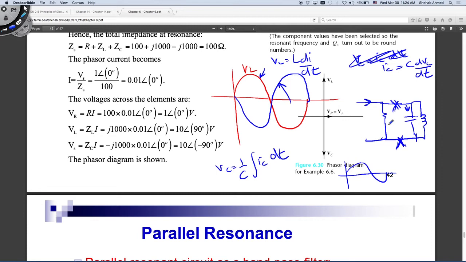Kirchhoff voltage law around the loop is 0. The sum of these two will be 0. So it's as if they are not there. If they are not there, it's as if I have all the current flowing through the resistor only, assuming I'm able to force this current from the beginning. Does it make sense?